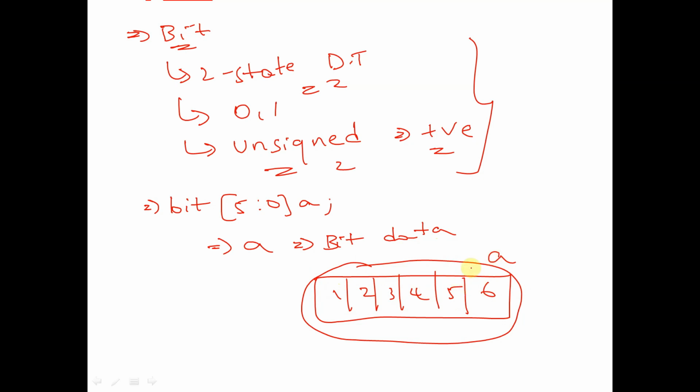Sorry, this is not an array. The width of A is 6 bits. That is, A consists of 6 bits, and it can have only the values of 0 and 1, and it is unsigned. If we use the bit data type, then we can only represent positive numbers. We cannot represent negative numbers using a bit data type.